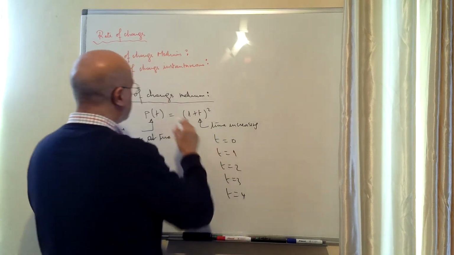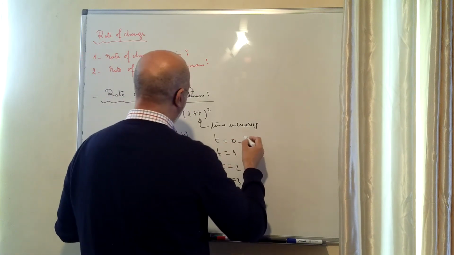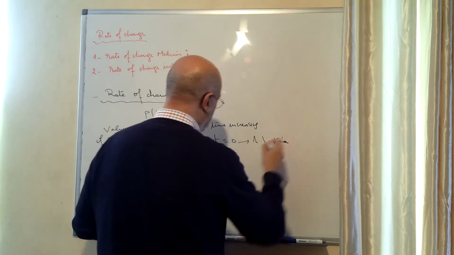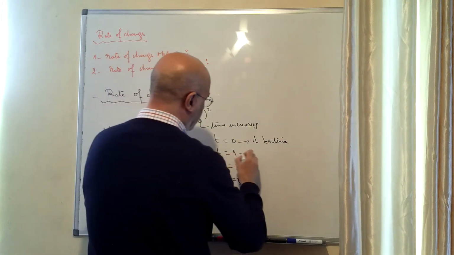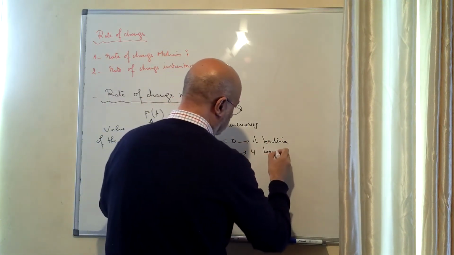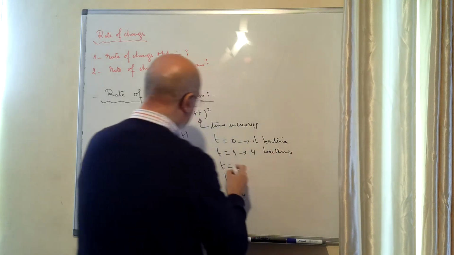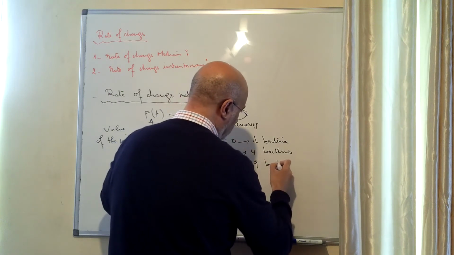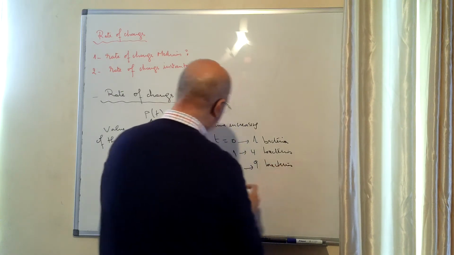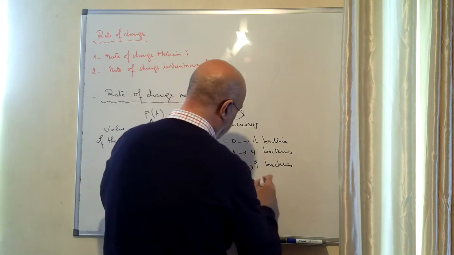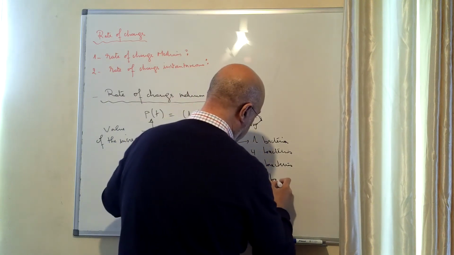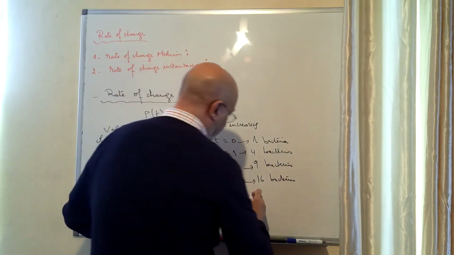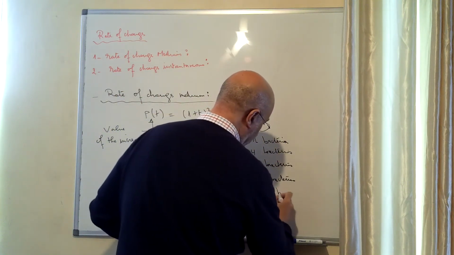In our function, when t equals 0 we have 1 bacteria. When t equals 1, we have 4 bacteria. For 2, we have 9. For 3, we have 16. And for 4, we have 25 bacteria.